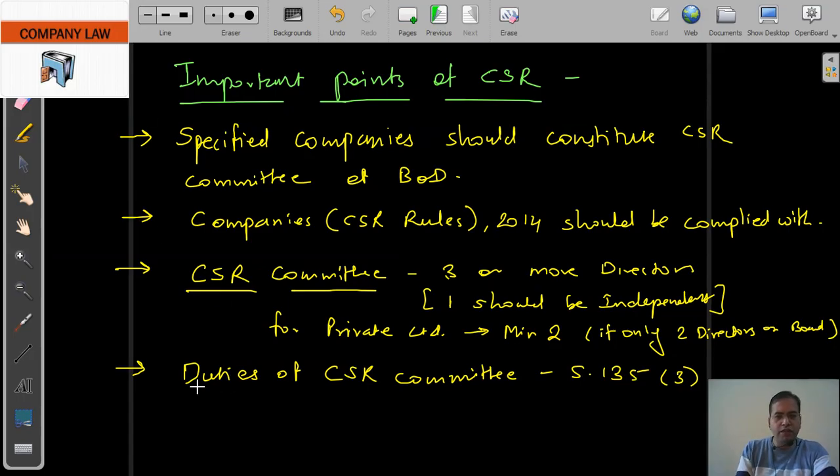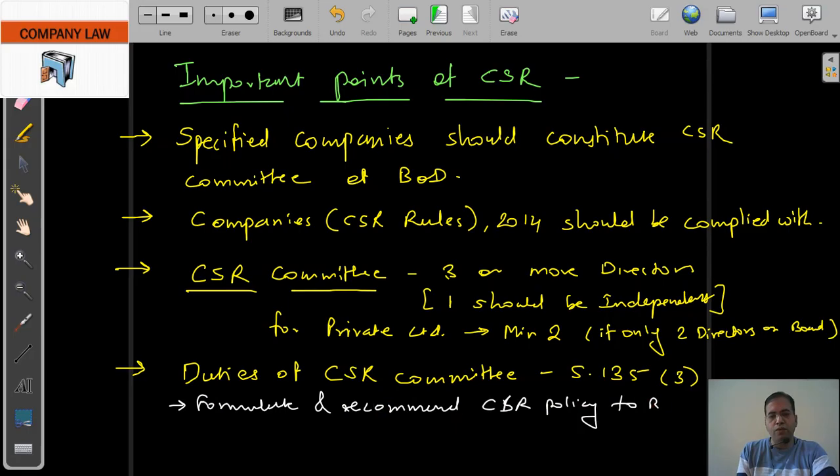So first let's talk about the duties of the CSR committee. Formulate and recommend the CSR policy to the board.